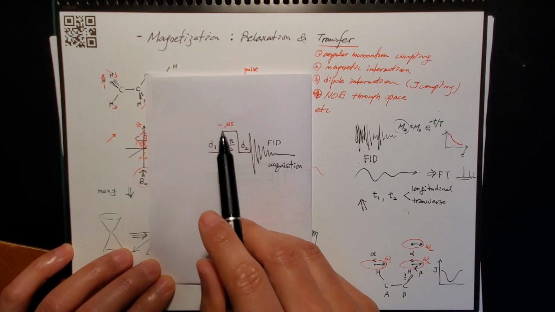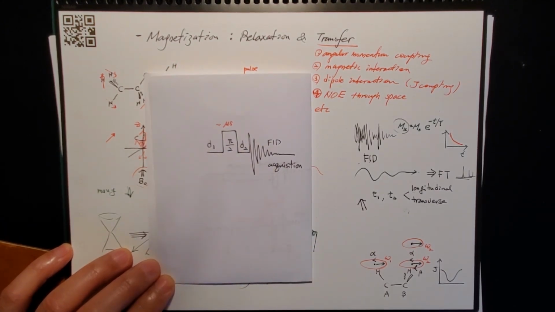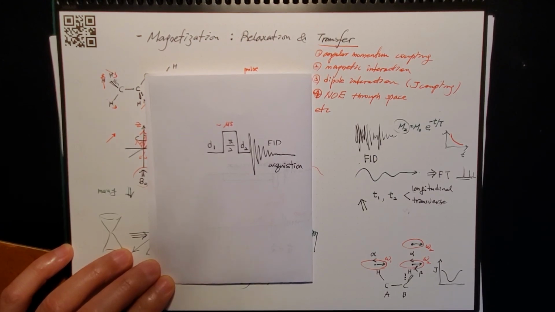Then you give a certain length of pulse, and this pulse includes all the frequencies present in the molecule, and you give enough frequency and duration so you can flip them to a certain angle you want.